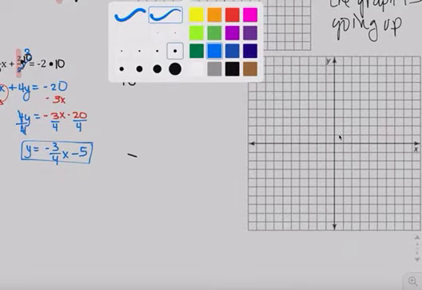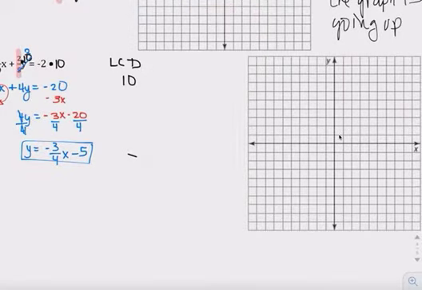Negative 5. And then go down 3, right 4, down, nope, not enough room. So you go up 3, right 4, up 3, right 4.